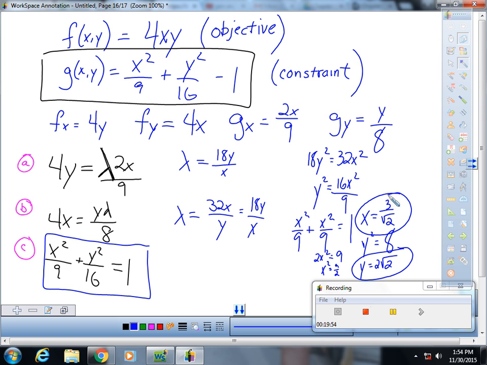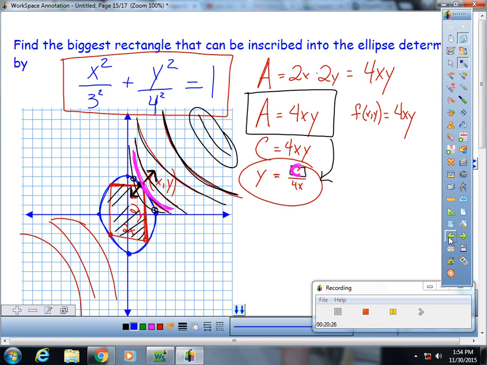Then if we wanted to know lambda, we could, but we don't. Those are our coordinates. So the area of the biggest rectangle that we can fit inside of our given ellipse would be 3 over radical 2 times 2 radical 2 times 4, so it's 24. So what we learned was that the biggest rectangle we can fit in there has an area of 24.